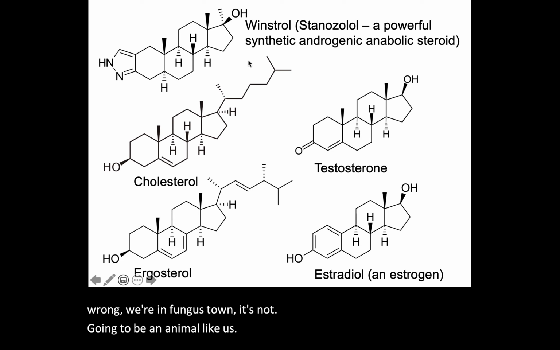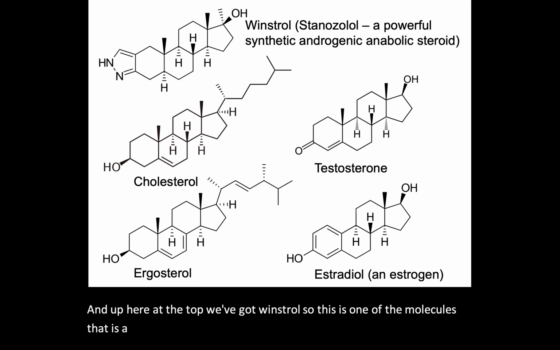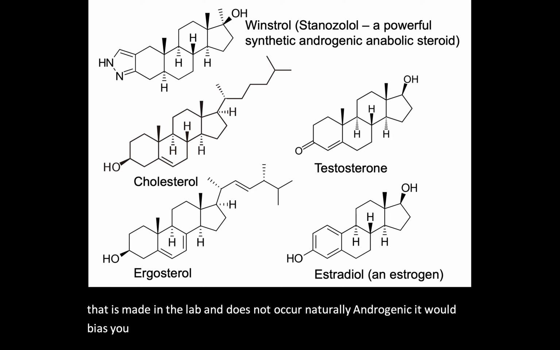And up here at the top, we've got winstrol. So this is one of the molecules that is a synthetic androgenic anabolic steroid. So synthetic, this is a thing that is made in a lab and does not occur naturally. Androgenic, it would bias you toward testosterone-like effects.